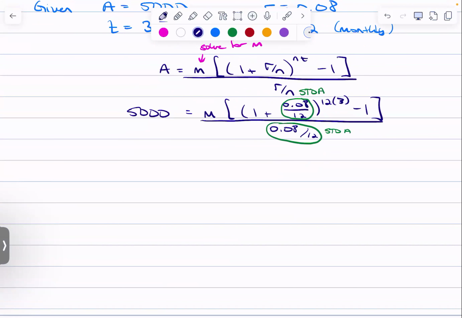And 12 times 3, let's simplify, is going to be 36.